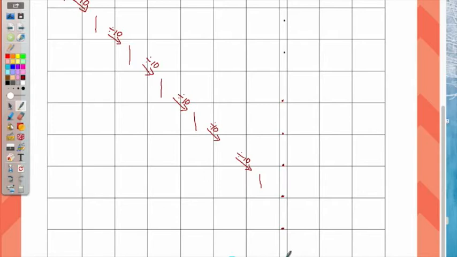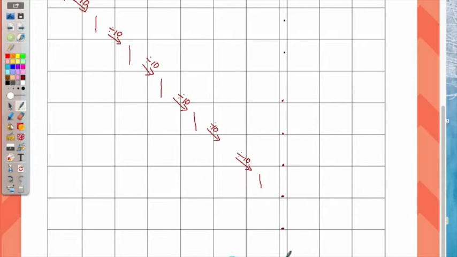Okay, did you get to the ones place yet? Yes. Now, how do I know I'm at the ones place even though I can't see the words? Because I know the ones place is right before you get to the decimal, okay?